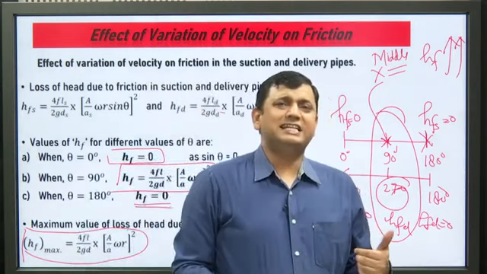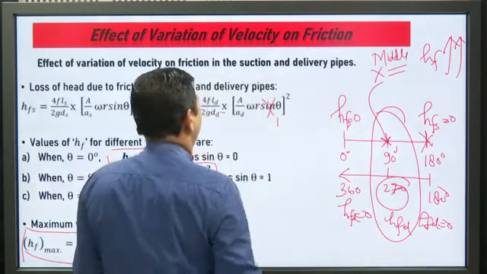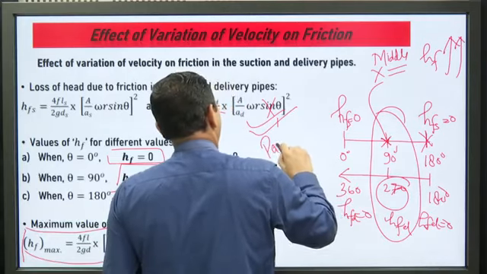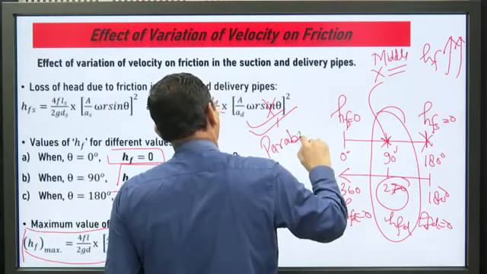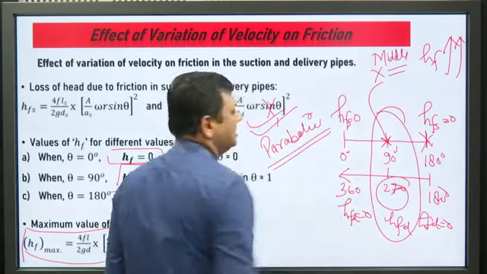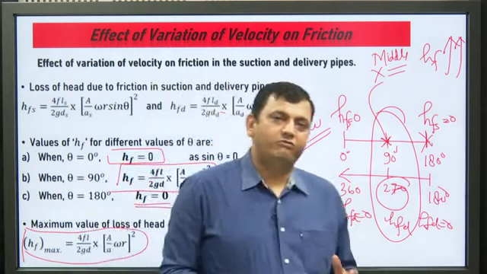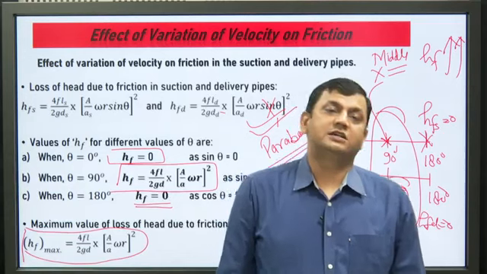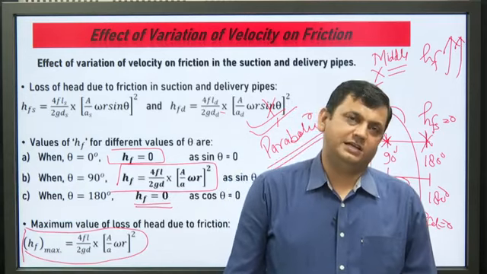And what is the nature? Nature is parabolic. Do you follow my point? So the effect of friction is parabolic in nature, the variation is parabolic.